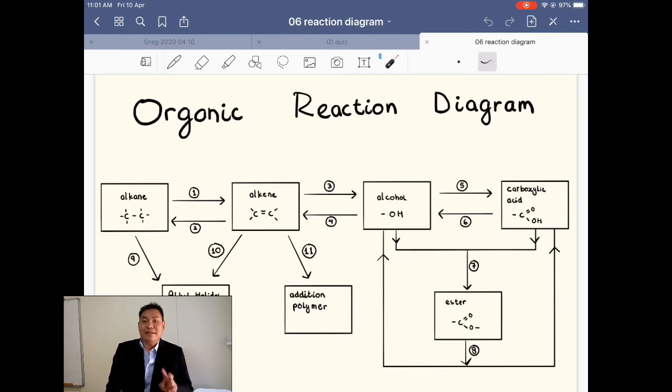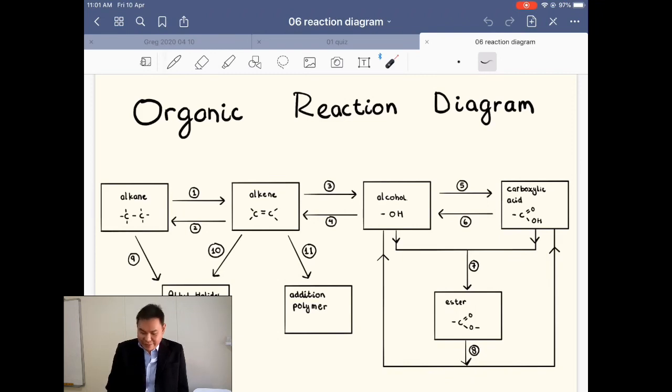And for the oxidizing agent, you have 2: potassium permanganate, where the color will change from purple to colorless, or potassium dichromate, where the color will change from orange to green. That's reaction 1 to reaction 6. Next part, we are going to do the rest of the reactions, number 7, 8, 9, 10, 11.